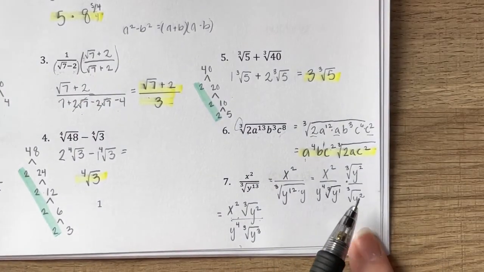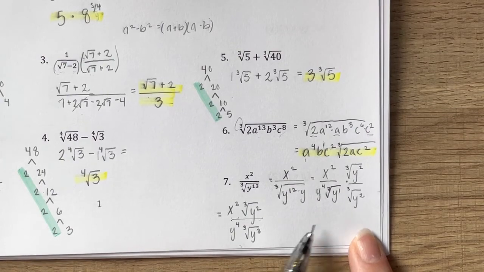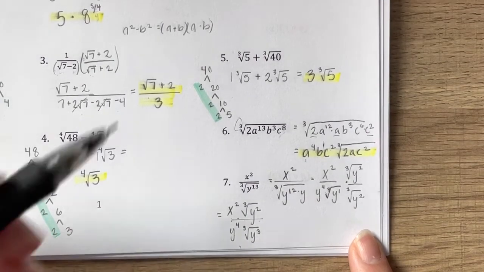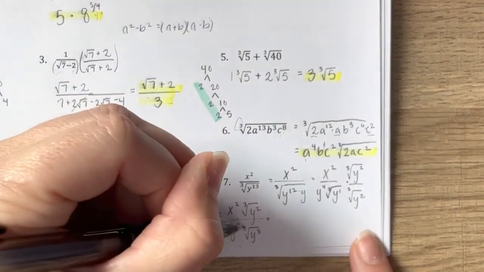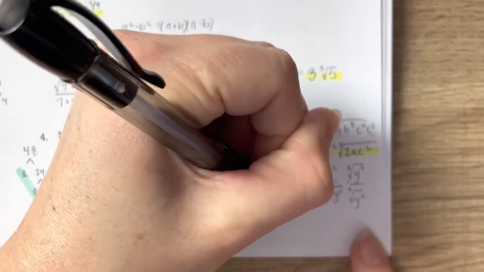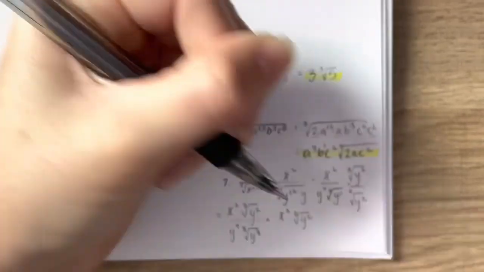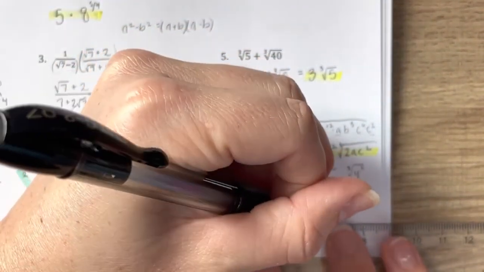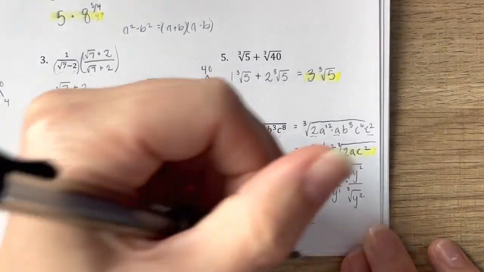All we did, that's why we multiplied in the y squared, was to get the y to the 1st power times y squared to become y cubed, so that these could cancel each other out. So then now these do cancel each other out, and this just becomes y to the 1st power. So the numerator, I'm left with x squared times the cubed root of y squared, and then that's all over y to the 4th times y, so y to the 5th.